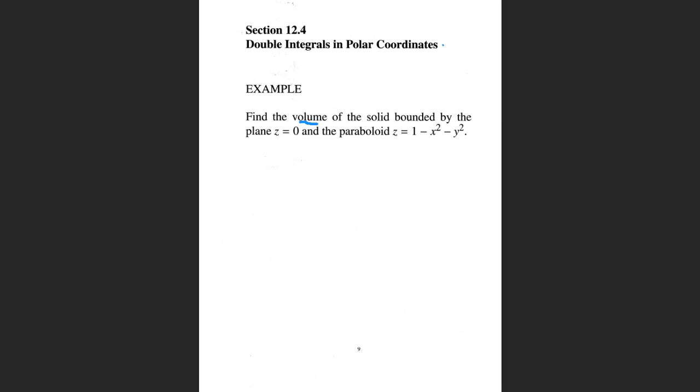Okay. And we know finding the volume, we're going to compute some double integral. And the solid is bounded between the plane z equals 0 and this paraboloid. Now, does this paraboloid, z equals 1 minus x squared minus y squared, open upward or downward?